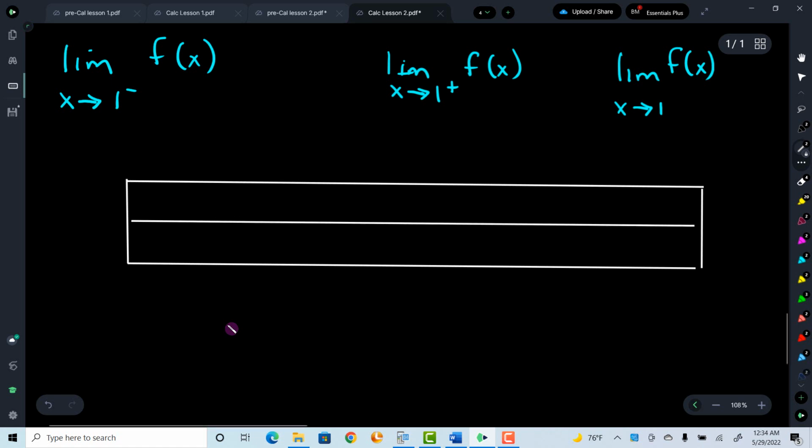Okay, let's see. We're going to do 0.9. This is x, and this will be f of x. All right, 0.9, I'll do 0.99, and then we'll go 0.999, 0.9999.